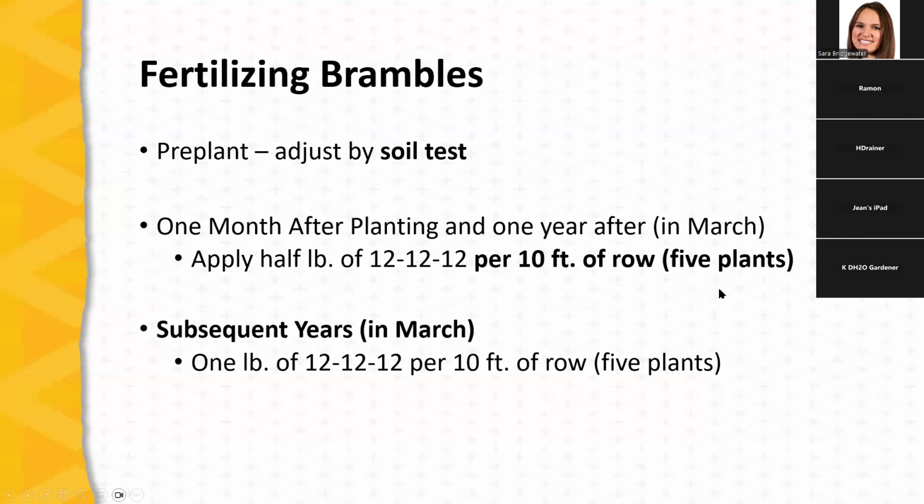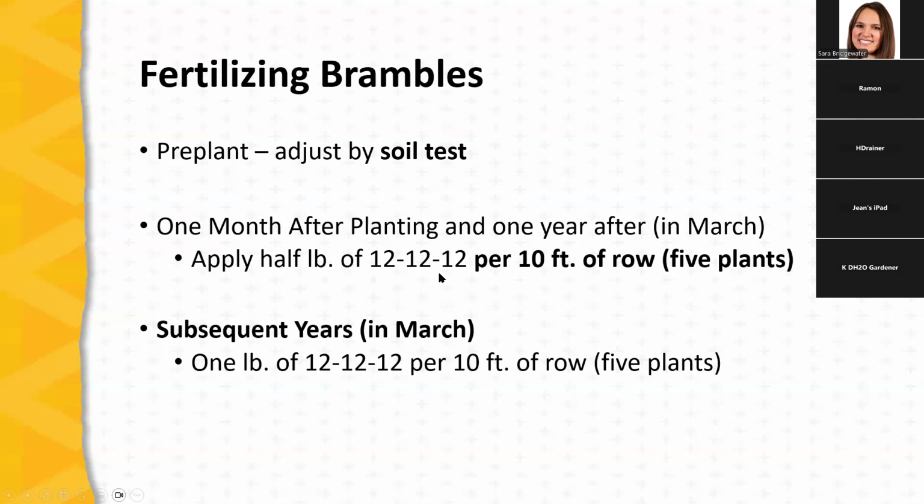You don't want to put the fertilizer straight on top of the plant. You have to spread it around the plant. Then in subsequent years, about the same amount, 1 pound in this case, of 12-12-12 per 10 feet of row.